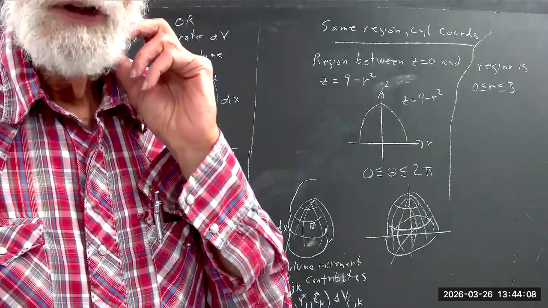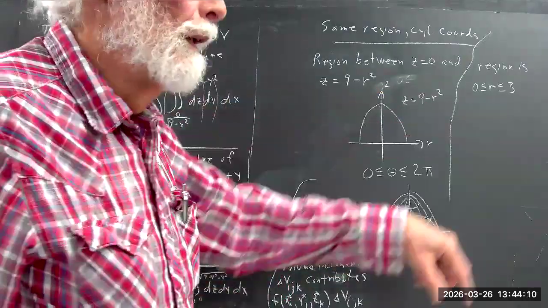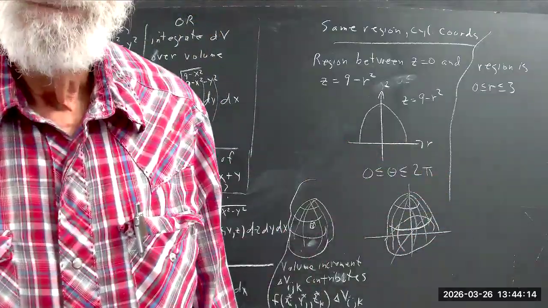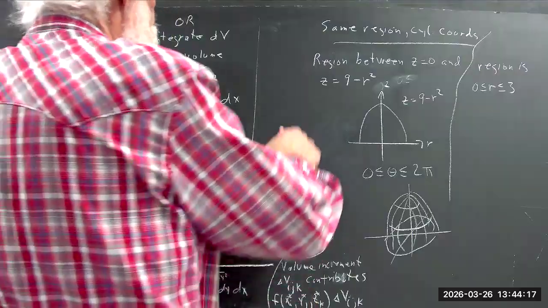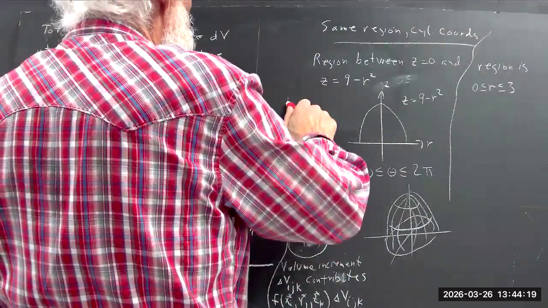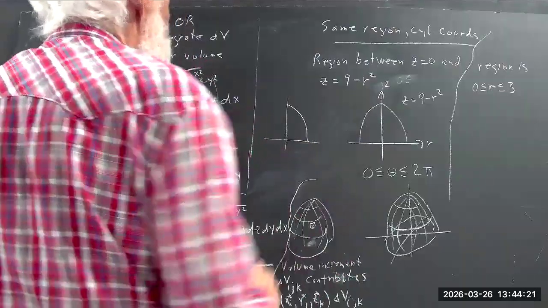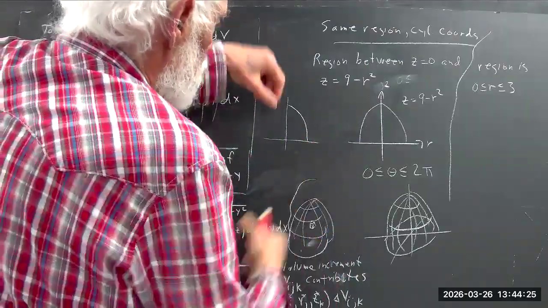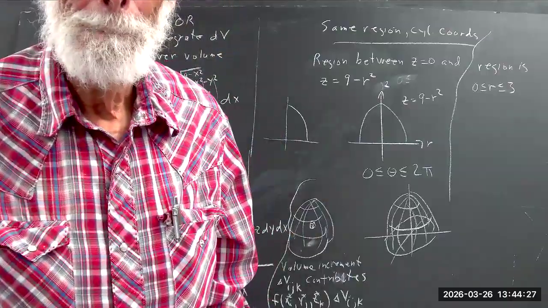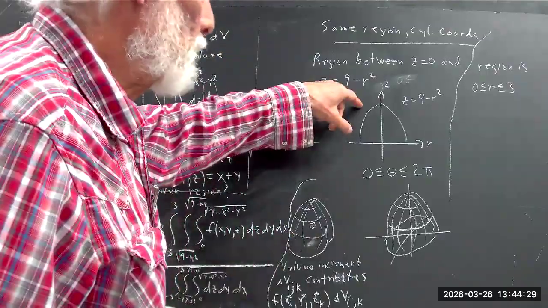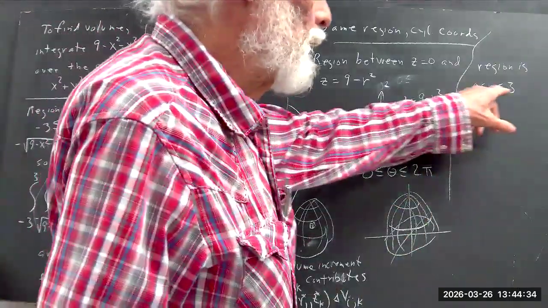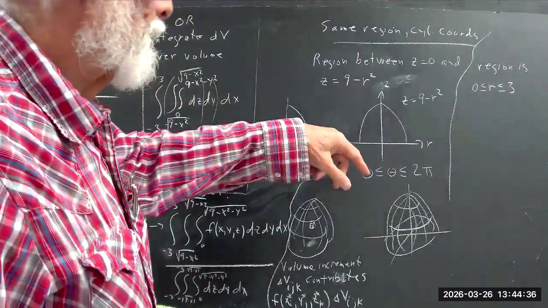Okay. You don't have to go to a negative r because you're going to let theta go all the way from 0 to 2 pi. So it's like you've got just this part of the parabola, but now you get to take this thing and rotate it 360 degrees. Okay? You don't have to rotate both sides for 360 degrees. We could go from r equals -3 to 3.